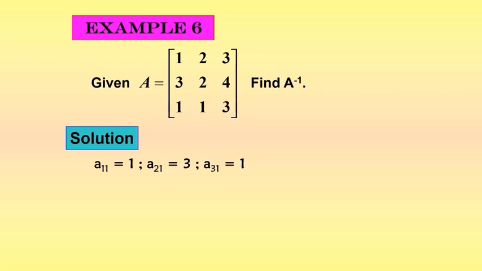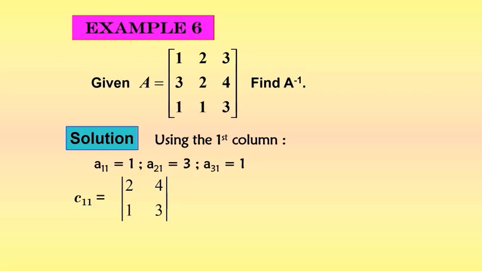The entries of the first column are A11, A21, A31, where the entries are 1, 3, and 1. So we have to find the corresponding cofactor for all these entries: C11, C21, and also C31.